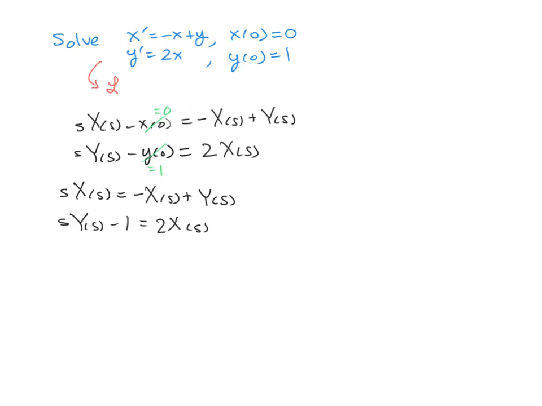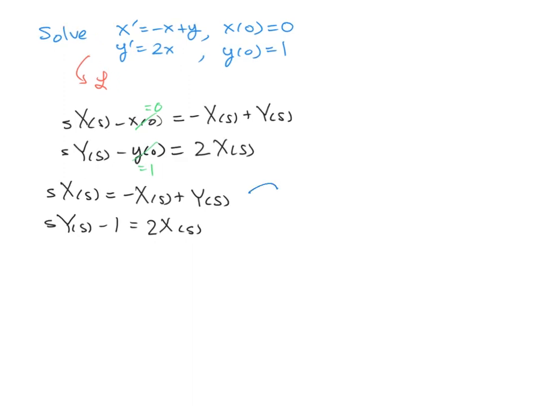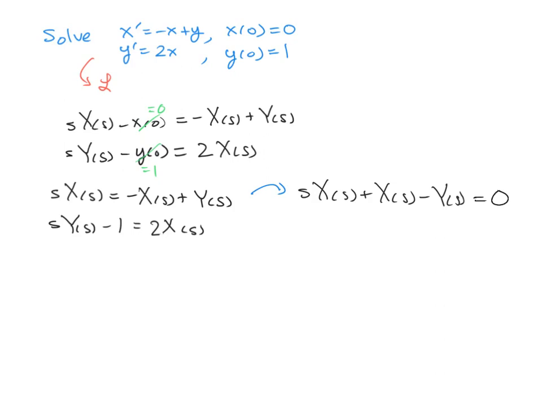So we're going to have s capital X of s, plus capital X of s, minus big Y of s is equal to 0. And then we're going to have negative 2 X of s plus s big Y of s, and that's going to be equal to a 1 on the right-hand side.